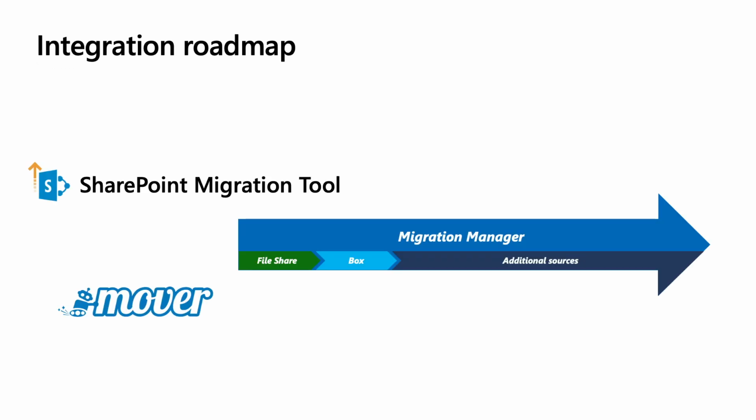As you can see, you have a great selection of first-party tools to migrate your content. To enable a cohesive experience, we will continue to support additional sources within Migration Manager, so you have a one-stop shop for all your migration needs.